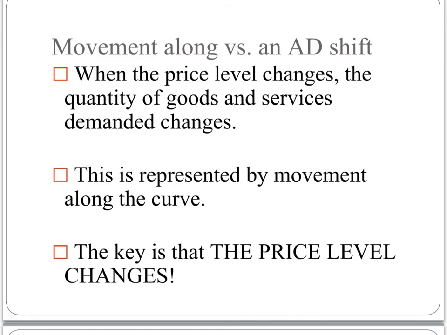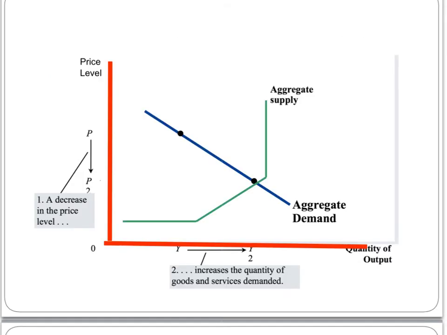The key is the change of the price level would indicate a movement along the curve. This is what a correctly labeled curve for a change in price level on the aggregate demand curve would look like. We start at P, Y, and a decrease in the price level going from P to P2 indicates an increase in the quantity of goods and services demanded.